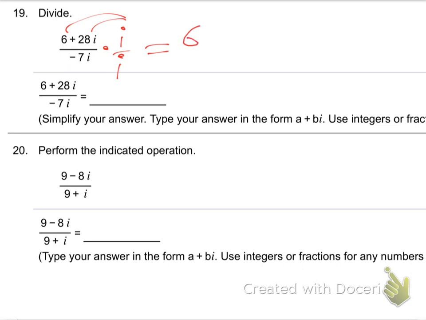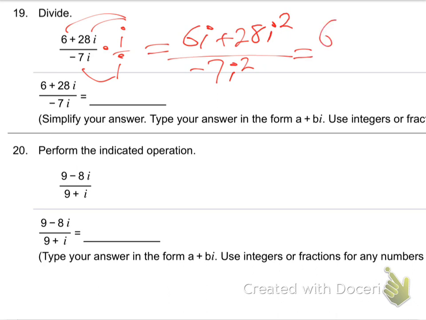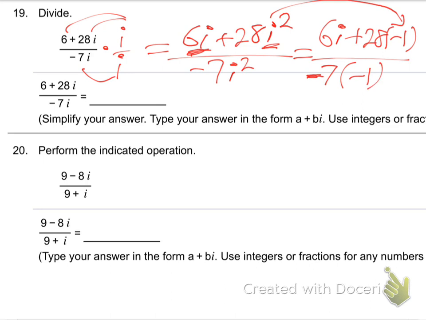So distribute here, we get 6i plus 28i squared. On the bottom, i times that is minus 7i squared. So what does that become? We leave i as i, but what do we do with i squared? That's always negative 1, huh? And on the bottom, same thing, minus 7 and then i squared is negative 1. So what do we get? 6i plus 28 times negative 1 is negative 28 over positive 7.